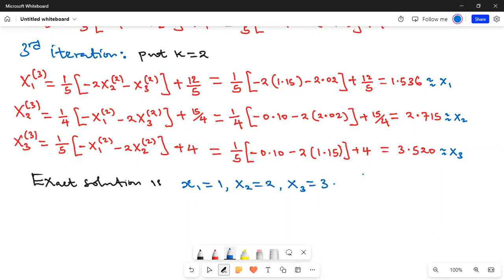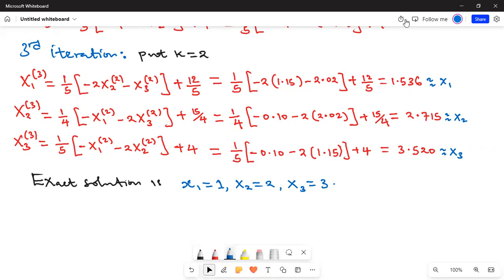So look at our final values. Our x1 is 1.536, almost close to 1. Our x2 is 2.715, almost close to 2. And our x3 is 3.520, which is very close to 3. So it means if I were to continue the iterations, I will have gotten to the exact values because our solution will have converged to the exact values.